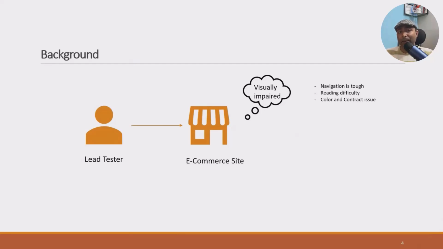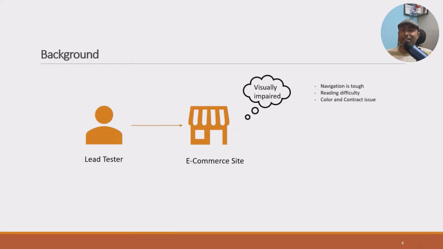So company ABC's lead tester wanted to perform testing on an e-commerce site so that these visually impaired persons can start using the site even if they have any disabilities. It means navigation should be possible, reading difficulty should be avoided, and color and contrast issues should be avoided.